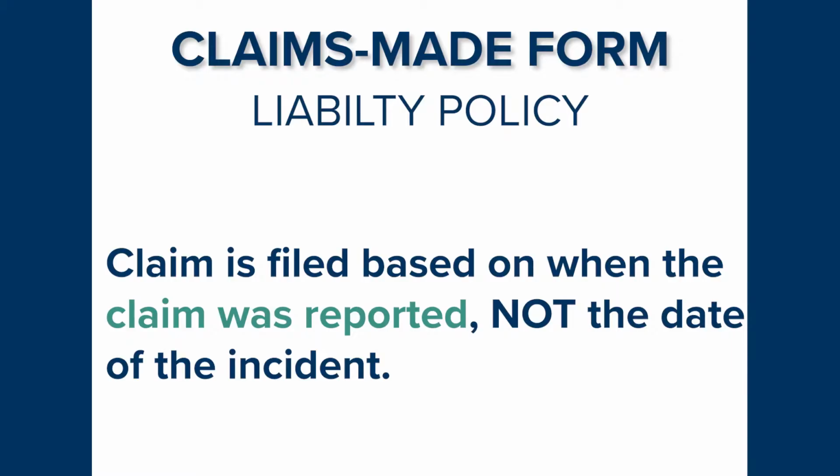Okay, so whenever the incident occurred. For a claims-made form, you actually file the claim based on when you found out about the claim and when you actually file it. So even though the claim may have happened 3 years ago, we're still filing it today. So let's go into some examples of what this actually means.